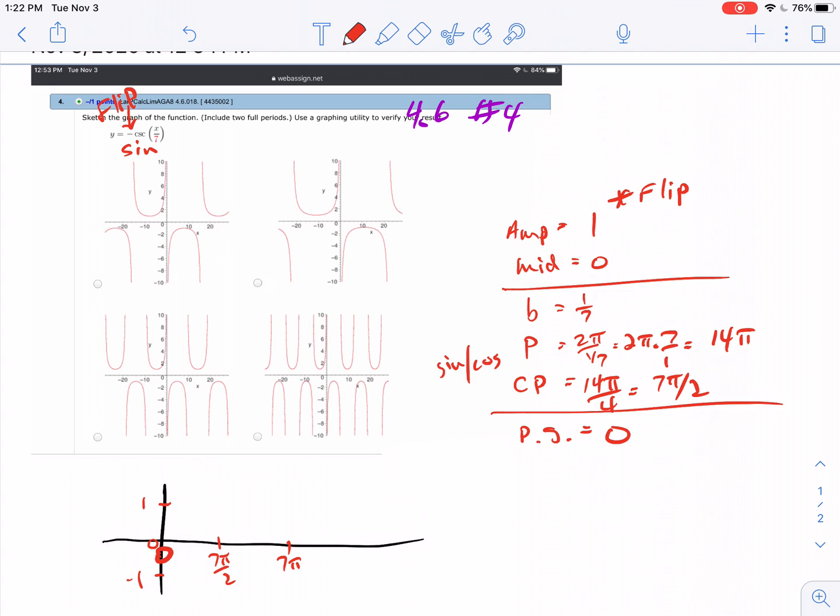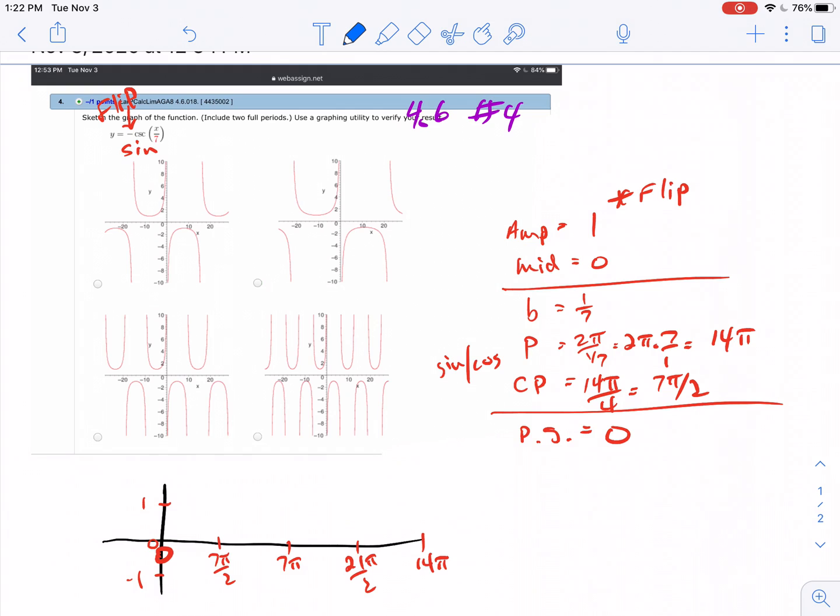And that 14 pi over 2 plus another would be 21 pi over 2, all the way out to 28 pi over 2, which is 14 pi. So again, you can use your calculator, just keep adding 7 over 2, which is 3.5, until you have 5 critical values.